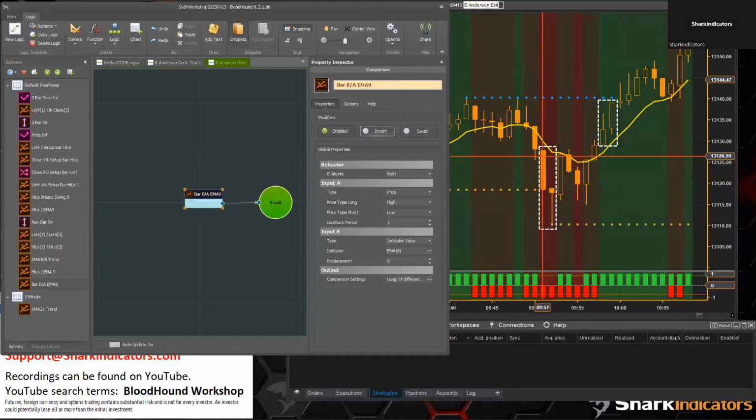So remember, we had a short only output, and that's what we wanted, because if the bar's below, we need a short exit signal, or we need a short output to exit a long trade setup. Right. So when the bar is completely below, that's our exit condition for a long trade setup.